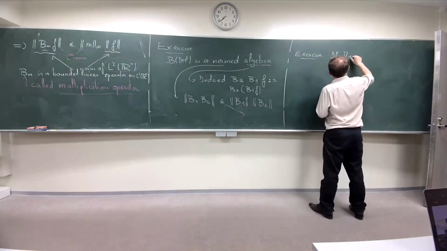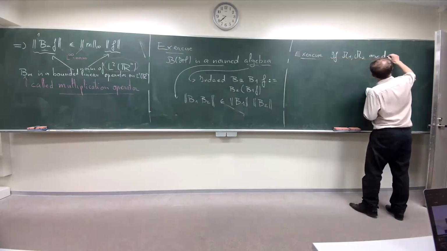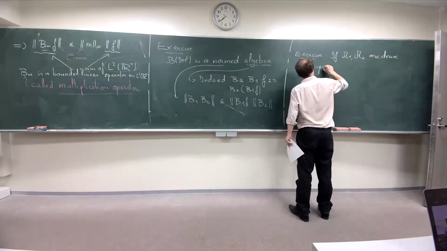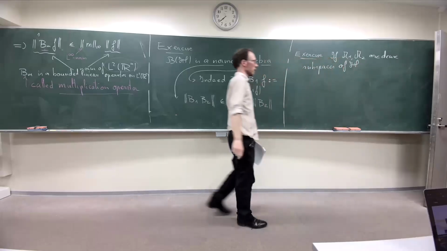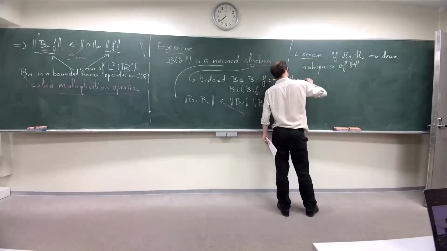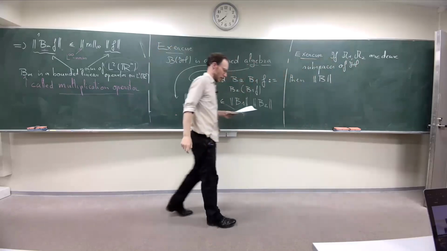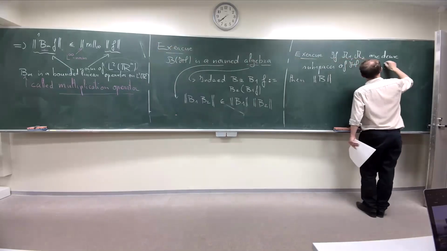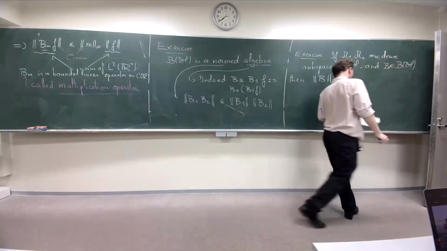If M1 and M2 are dense subspaces of H, I have introduced this notion of dense on subspaces of H, then you can compute the norm of B, where B is in B of H. Take a bounded operator.